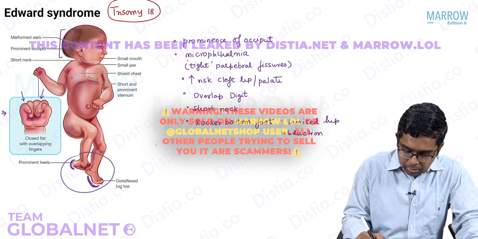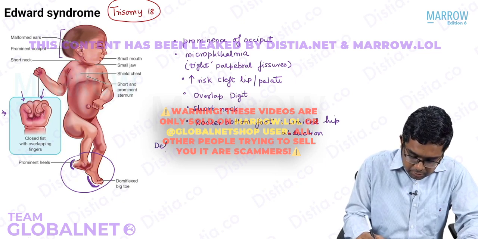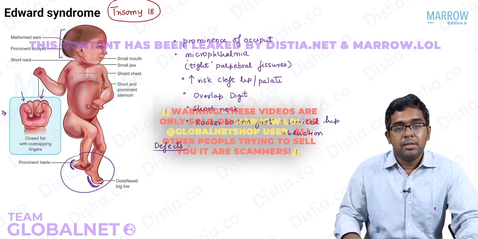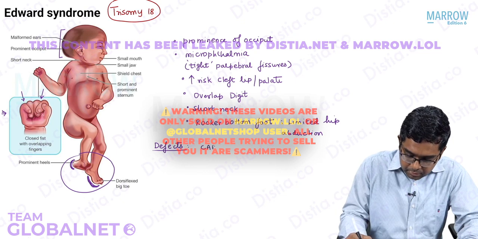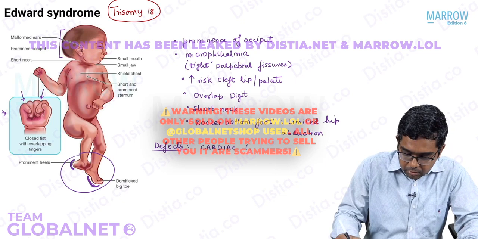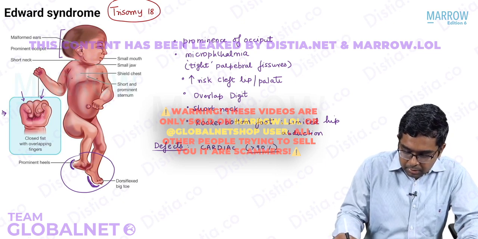You should also know about some important internal problems or defects associated with the organs in a child with Edwards syndrome. Here again, the most common group of defect is cardiac defects. Cardiac defects are so common that they are encountered in more than 90% of babies with Edwards syndrome.